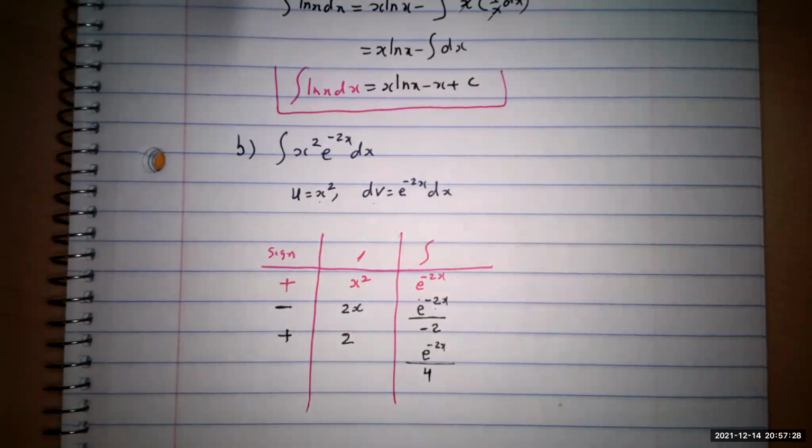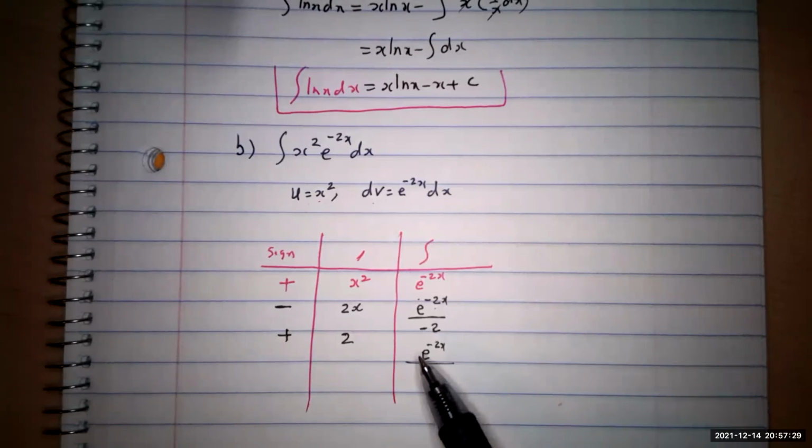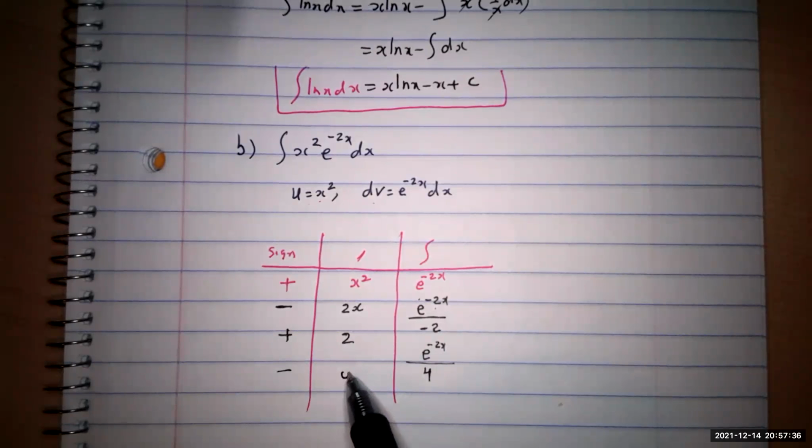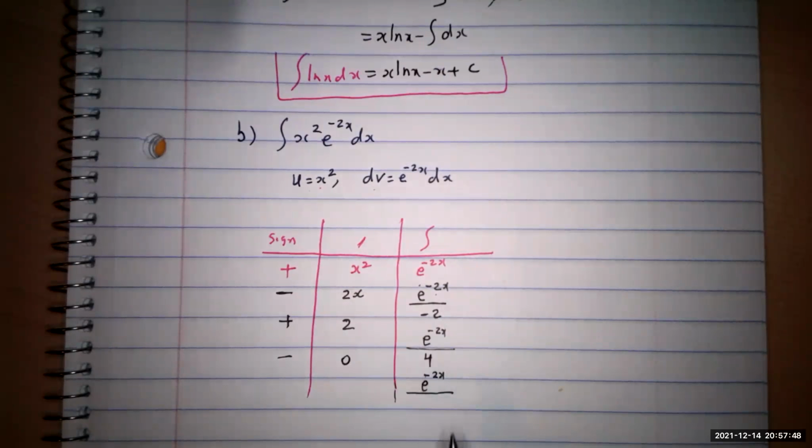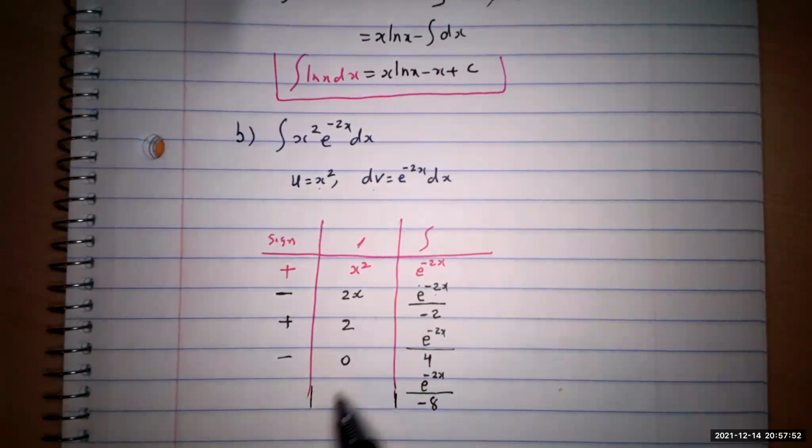Any time you integrate the second part, you're just dividing. So we continue again. It's going to be negative. This would be 0. This is where you stop. But this one, again, you integrate that, it gives you e to the negative 2x, but you have to divide by negative 2. But you already got the negative 4. Negative 2 times negative 4 would be negative 8. Since we get the 0, you stop here. Any question?